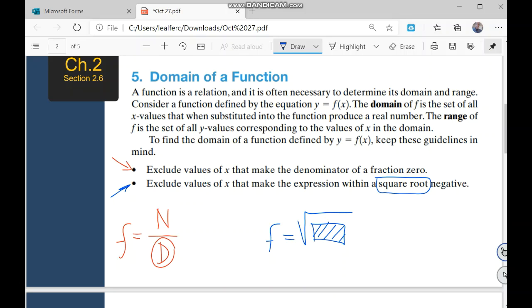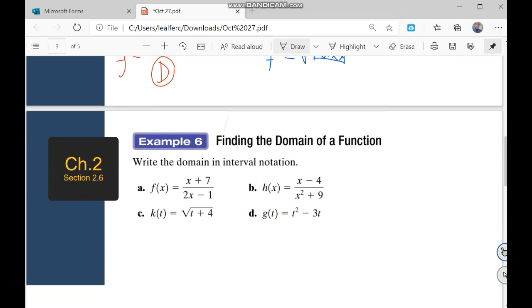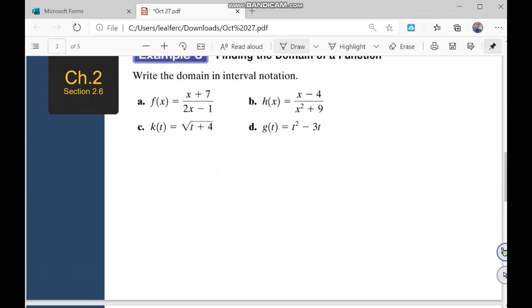So we will exclude from the domain anything that makes the expression inside the square root a negative number. Those are the two situations, the two things that we're going to work on today: to find the domain, to exclude from the domain the values that cause that kind of situation.